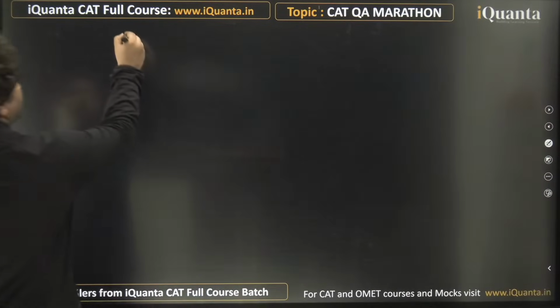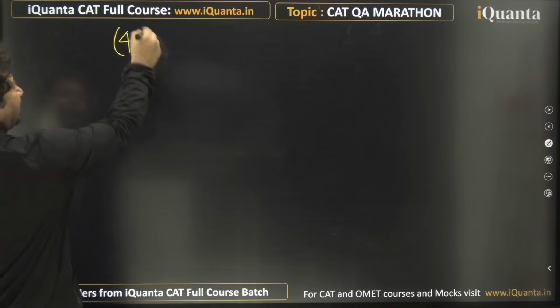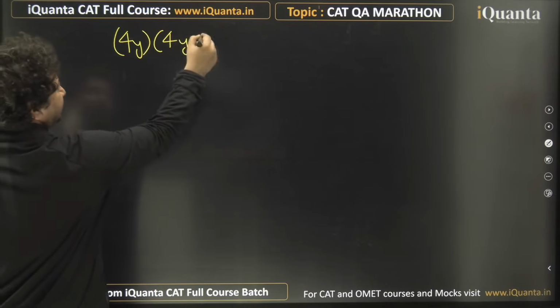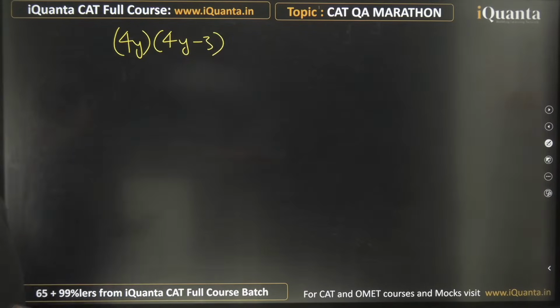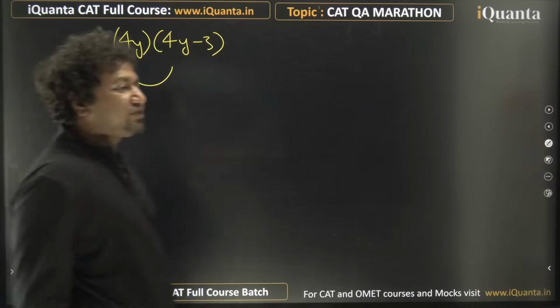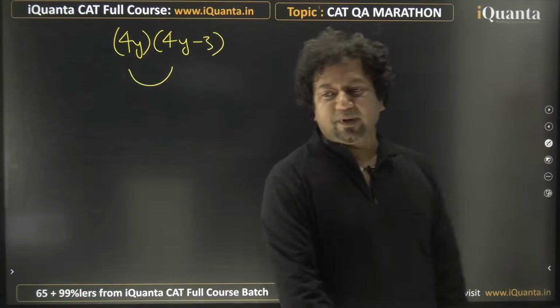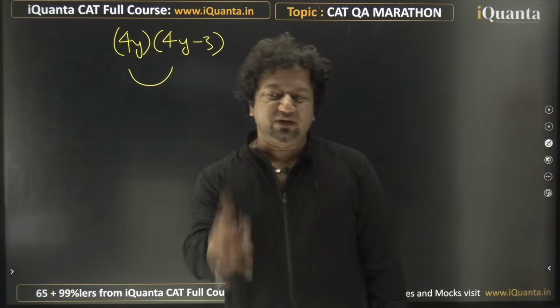Okay, I have a blank space. 4y multiplied by 4y minus 3 is a perfect square. By the way, for a while, let us forget 4y and 4y minus 3. The only thing that we understand over here is that these are any two numbers which are 3 steps apart. As I told you, this is the most simple question.